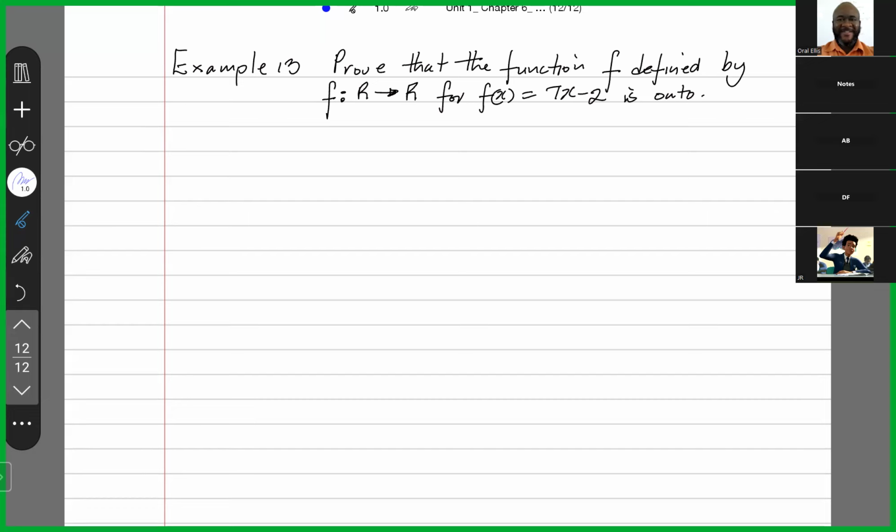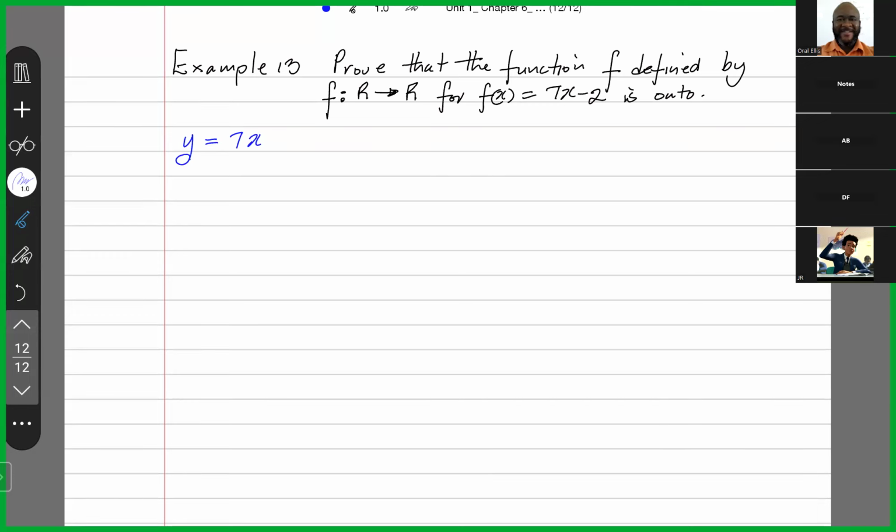To prove that a function is onto, we have to show that every element in the codomain y is the image of at least one element in the domain X. So the way we're told to do this is to make Y, so Y is equal to f of X, make Y an element in the codomain.